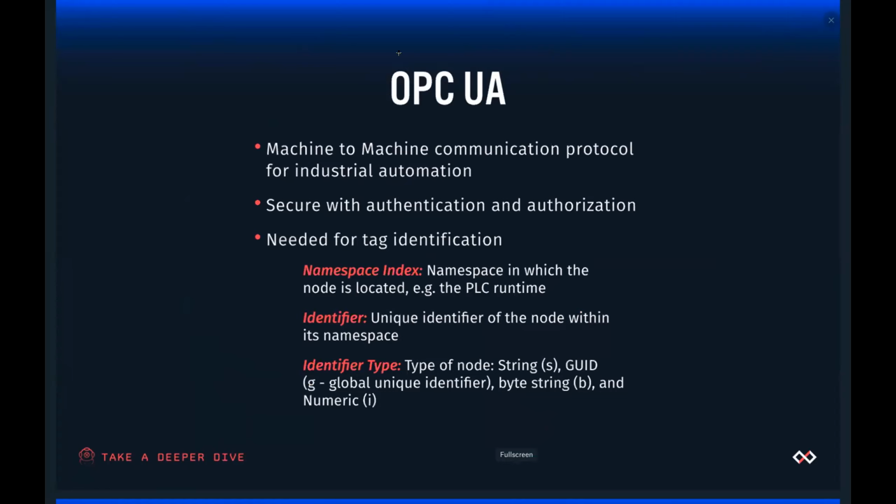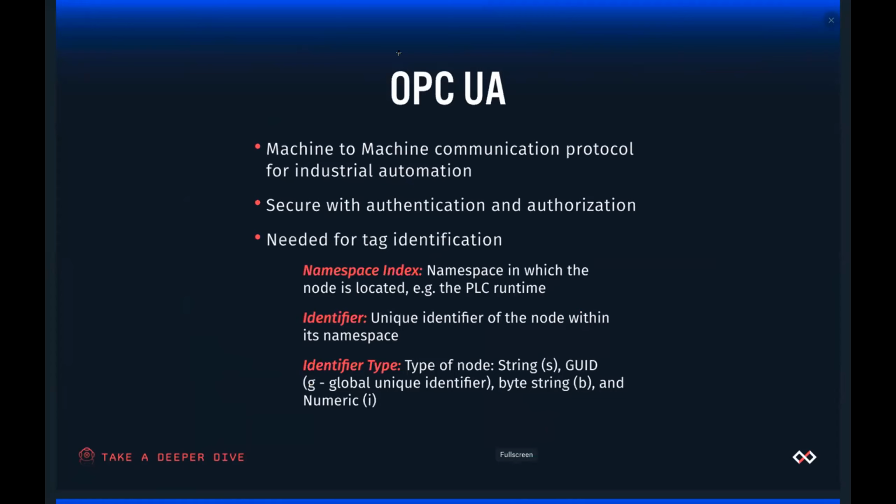Now, in order to read or write to tags in the OPC UA server, you're going to need several pieces of information. You're going to need the namespace, which the node or the tag is located in, the identifier, which is the unique identifier of the node within the namespace, and then the identifier type.